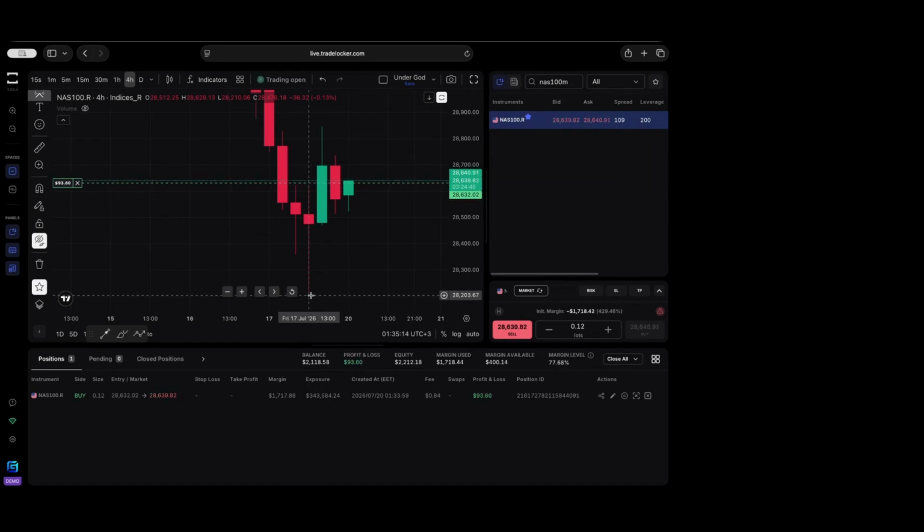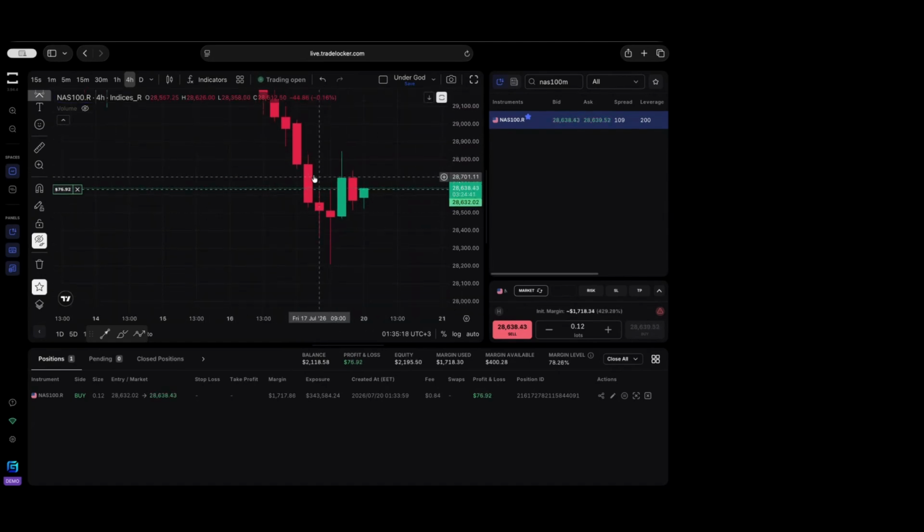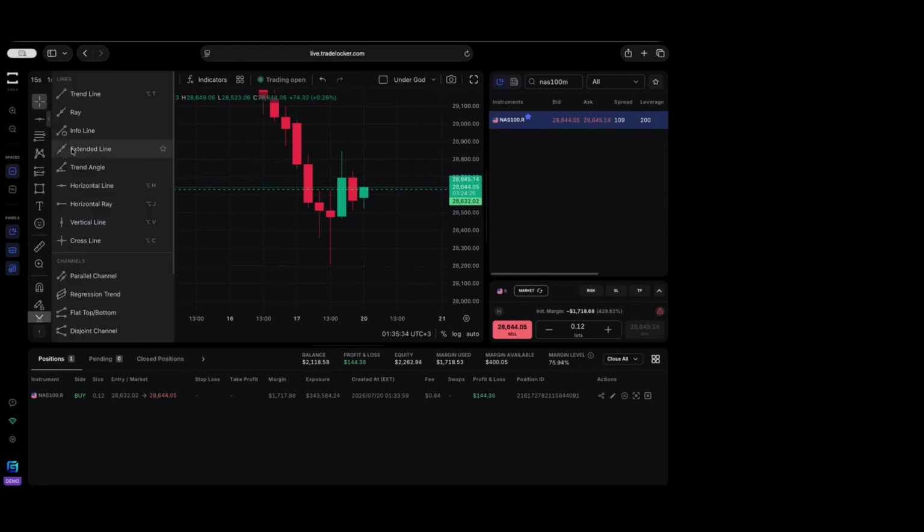Price could be about to pivot to the upside. Because this low was higher than the last low, I'm going to say this is more accurate. So let's do some measuring here.